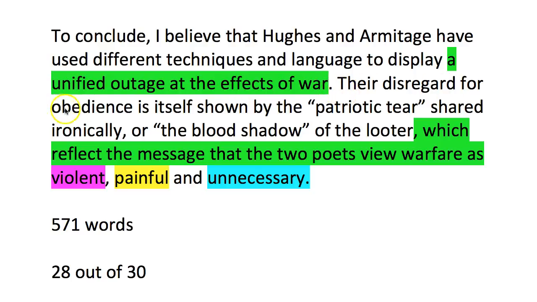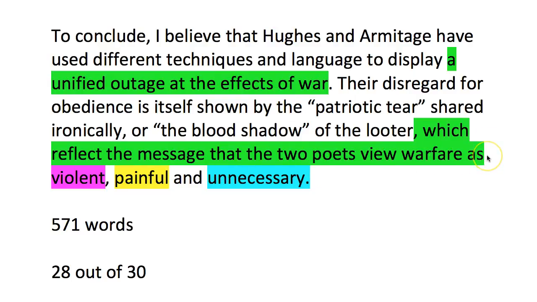Their disregard for obedience is itself shown by the patriotic tear shared ironically, or the blood shadow of the looter. Really skillful to include two quotations, one from each poem, in your conclusion, a really high order skill, which reflect the message that the two poets view warfare as.